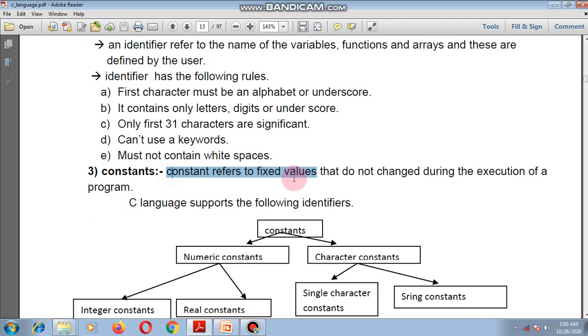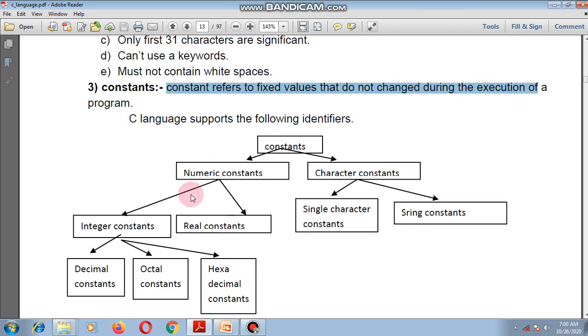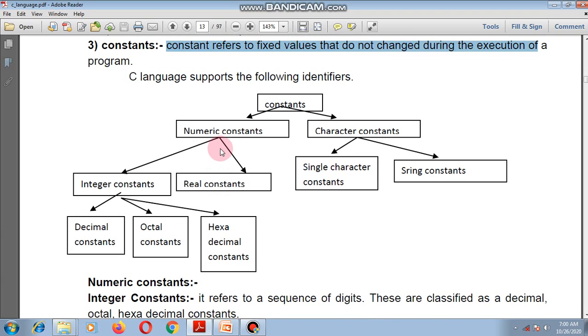The next topic is constants. Constants refer to fixed values, and these values do not change during the execution of a program. C language supports basically two types of constants: numeric constant and character constant.